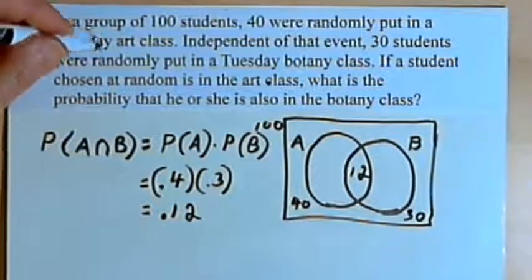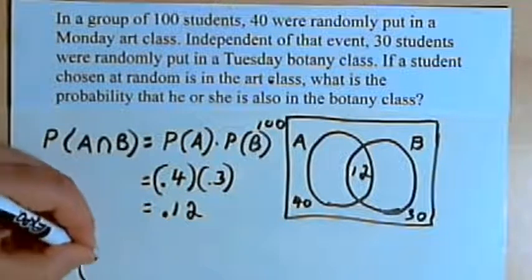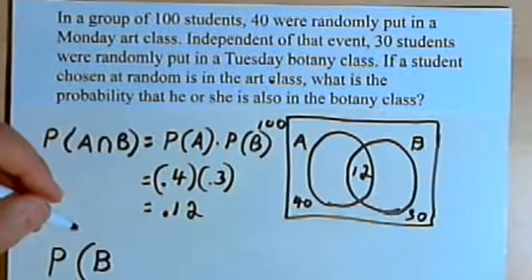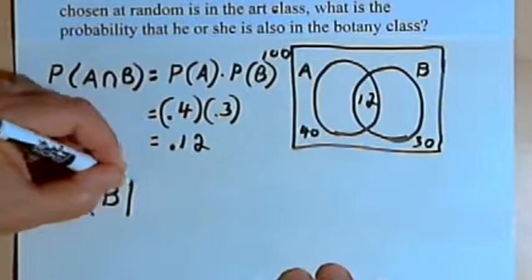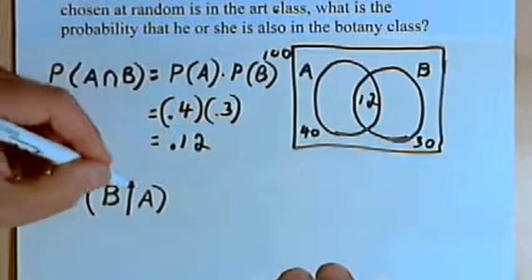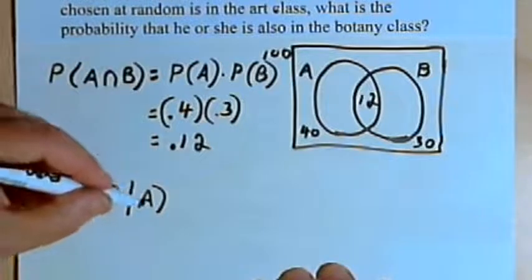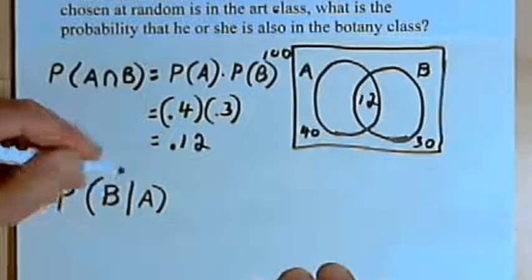Okay, now we want to figure out the probability that a student is in the botany class, the probability of B, given that the student is in the art class. So we've already chosen a student. The student is in the art class. What's the probability that he or she is in botany?